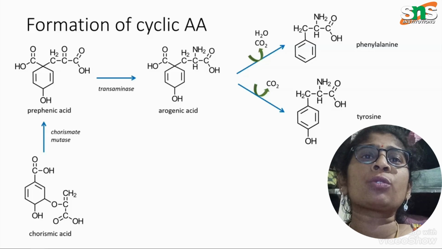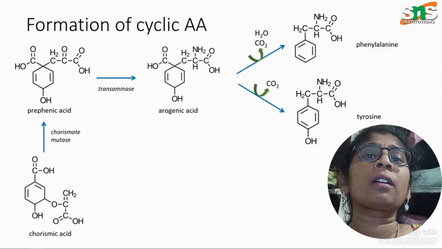Here's an easy way to remember: PEP and E4P shake hands and give birth to DAHP, step by step form shikimic acid, which grows into chorismic acid and finally gives rise to aromatic amino acids.